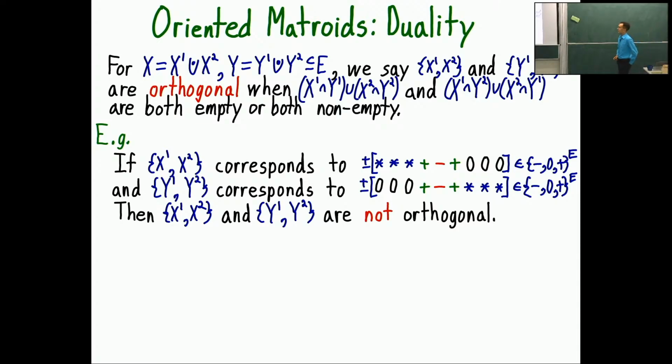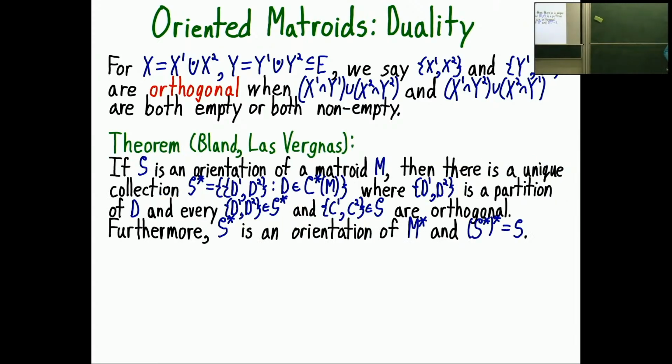And phrasing it like that, non-orthogonality seems a bit of a rarity. But this is enough to precisely give, uniquely, an orientation. For matroids, it's also remarkable that orthogonality is really that the intersection of two things isn't one.